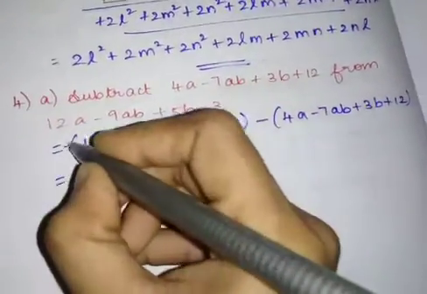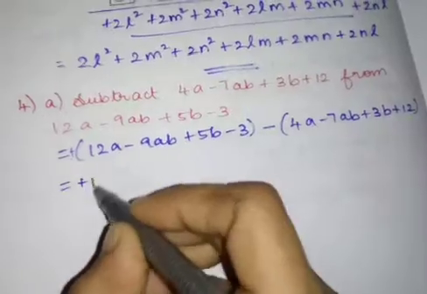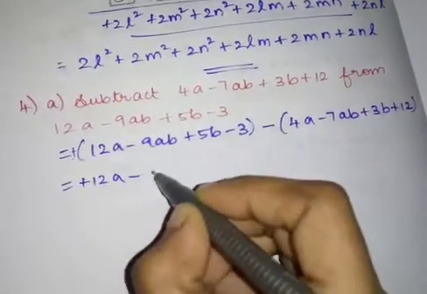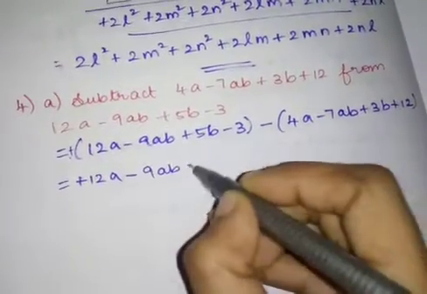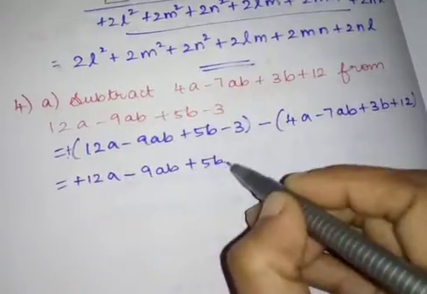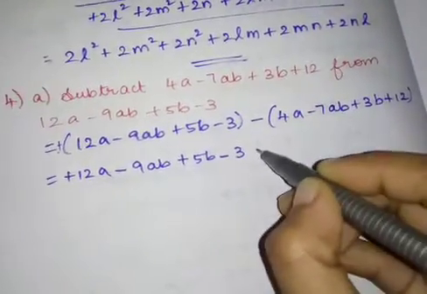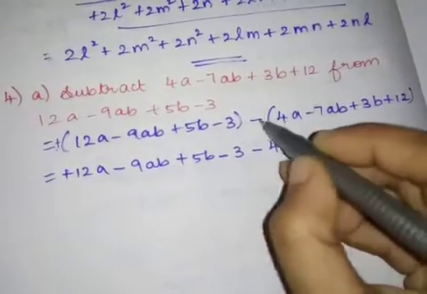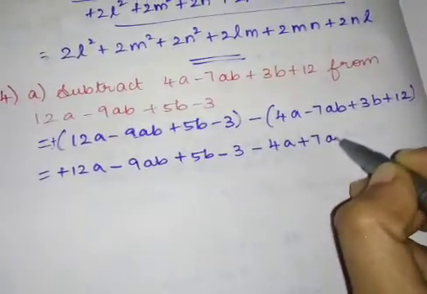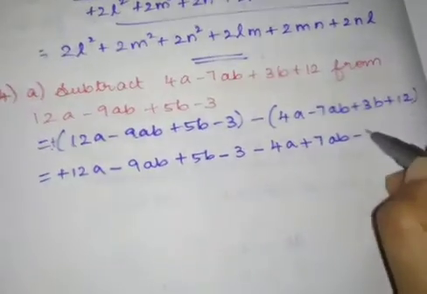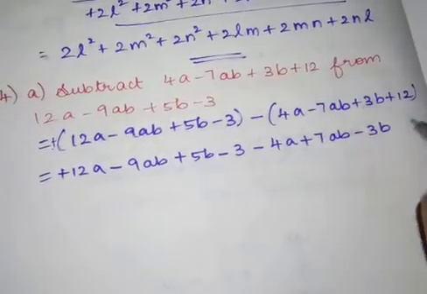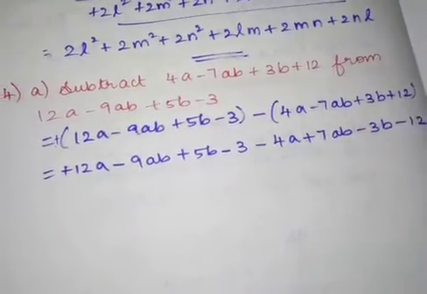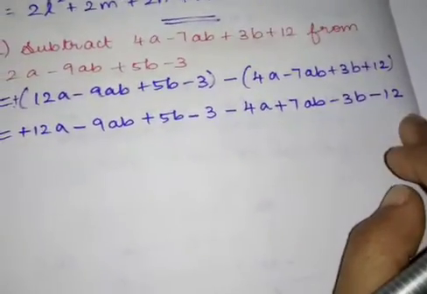Now plus here, right? Plus into plus 12a, plus into minus minus 9ab, plus into plus 5b, plus into minus minus 3, minus into minus, plus 4a, minus into plus, minus 4a, minus into minus, plus 7ab, minus into plus, minus 3b, minus into plus, minus 12. Okay, now I have removed all the brackets.